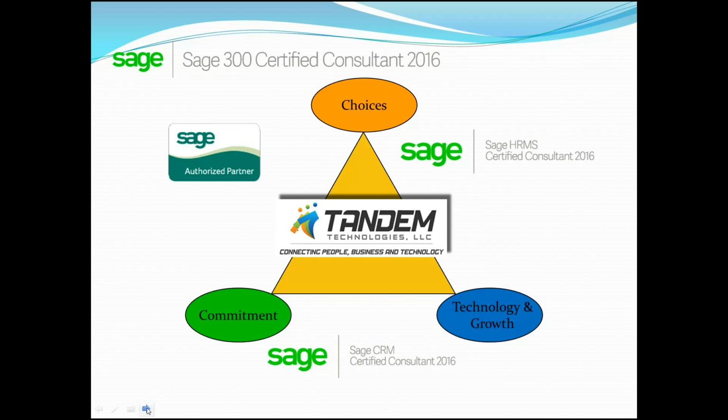This is our commitment to Sage and also to our customers, and I think it's important that you understand that Tandem Technologies is offering many choices with the Sage products that we sell and support. And we're also encouraging all of our consultants to consistently stay ahead of the game on new technology that's released, and it helps us offer growth-based products for our customers, which is very important in today's technology-based world.